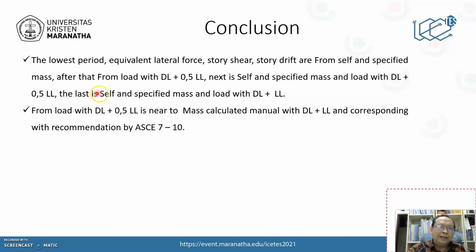The last is self and specified mass and load with dead load plus LL. Number 2, from loads with dead load plus 0.5 live load is near to the mass calculated manually with DL plus LL and corresponds with the recommendation by ASCE 7-10.